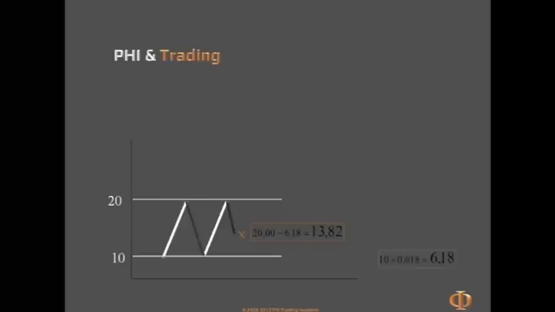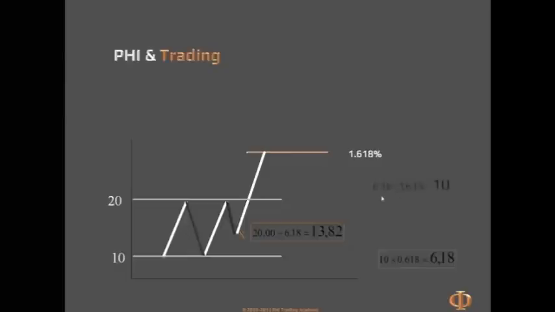We are going to focus on a way of projections. So you remember the opposite ones, the 161, the 261, and the 423.6. Do you know where he's going to most probably want to sell? He's going to want to sell at the 161.8 of which movement? Of the movement from 20 to 13.82. So how much is this distance?